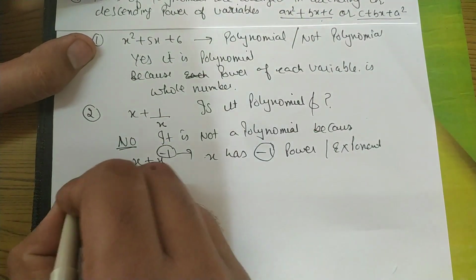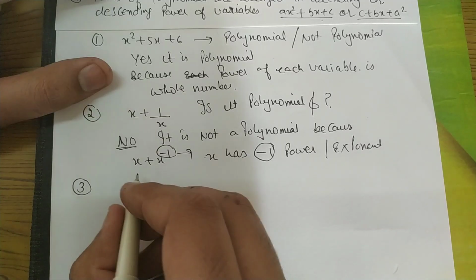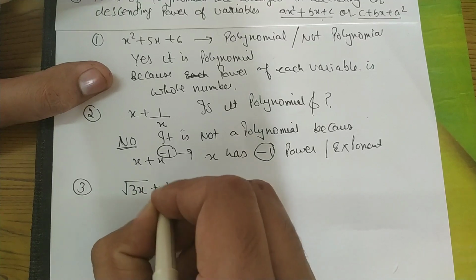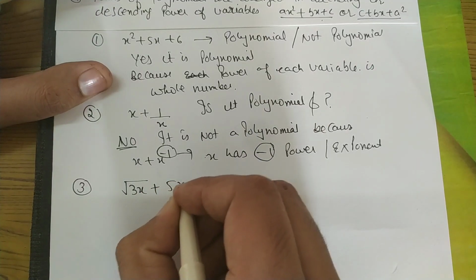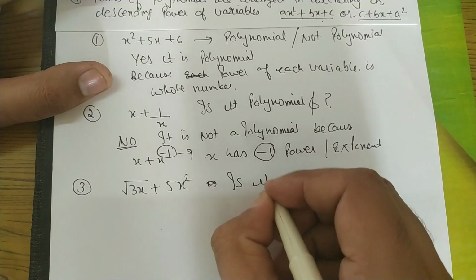So third, 3x plus 5 x square root, is it a polynomial?